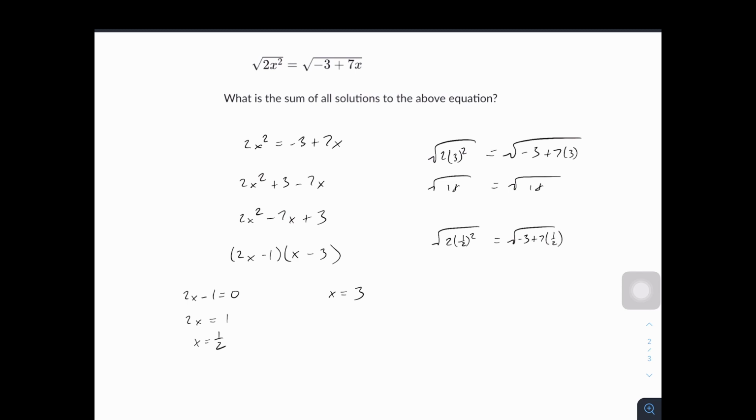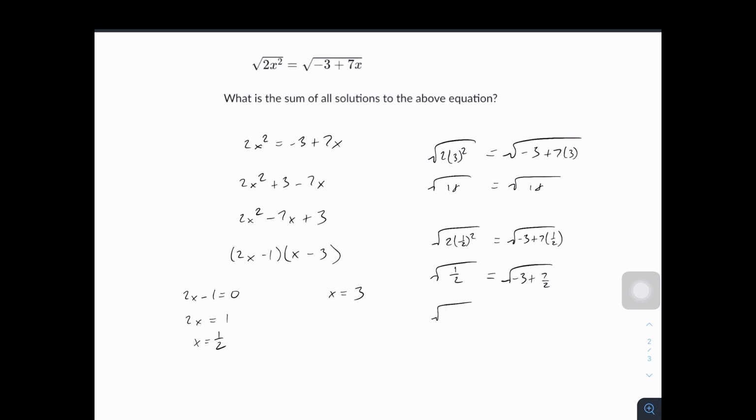So square root of 2 times 1 over 2 squared equals square root of negative 3 plus 7 times 1 over 2. When we do this, we get square root of 2 times 1 half squared, which is 1 over 4. So 2 times 1 over 4 is 1 over 2, equal to square root of negative 3 plus 7 over 2, which is 3.5.